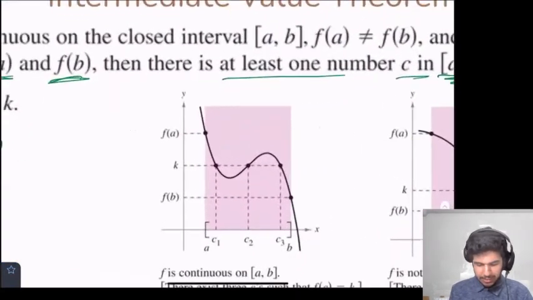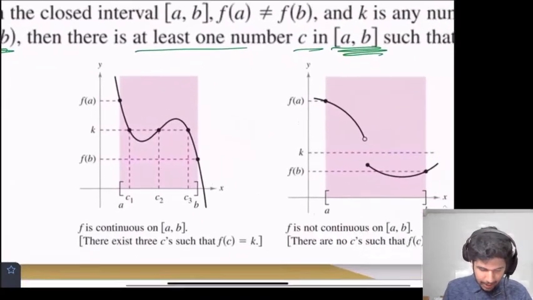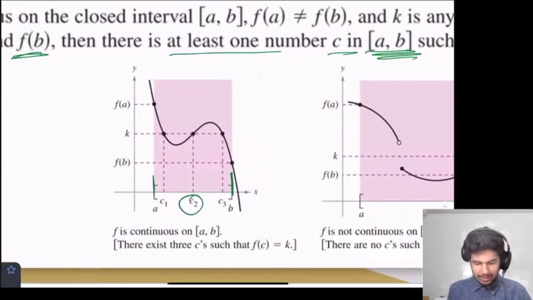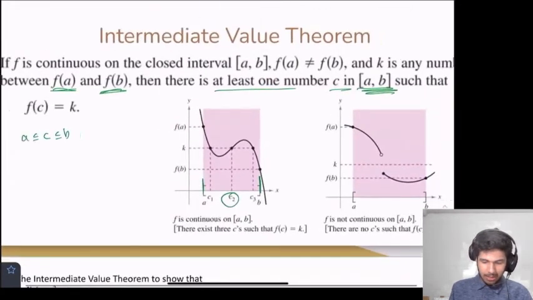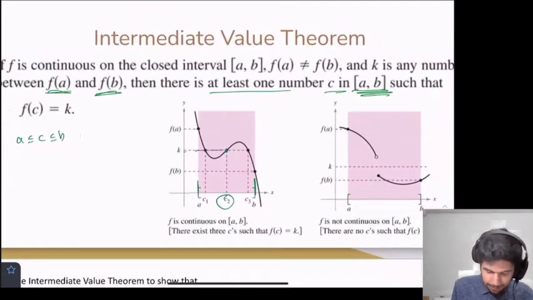It helps to see this picture here. We have a function f, which is continuous, and this is a, this is b. Then there's some point in between, which we'll call c2, such that the function evaluated at that point is k. We notice that this is the function value at one endpoint, and this is the function value at the other endpoint.